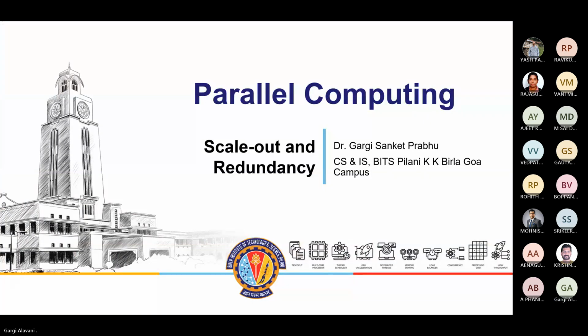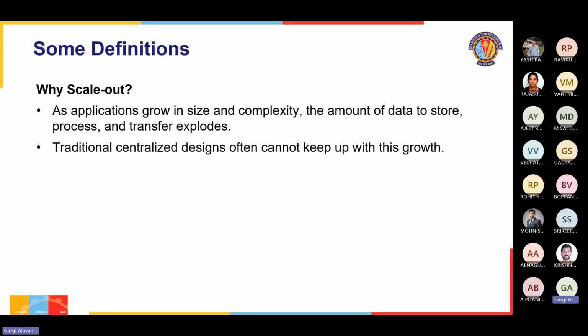Okay. So in today's class, we will start with the next module, that is scale out and redundancy. So what is scale out? As applications grow in size and complexity, the amount of data that we need to store, process, and transfer also increases.